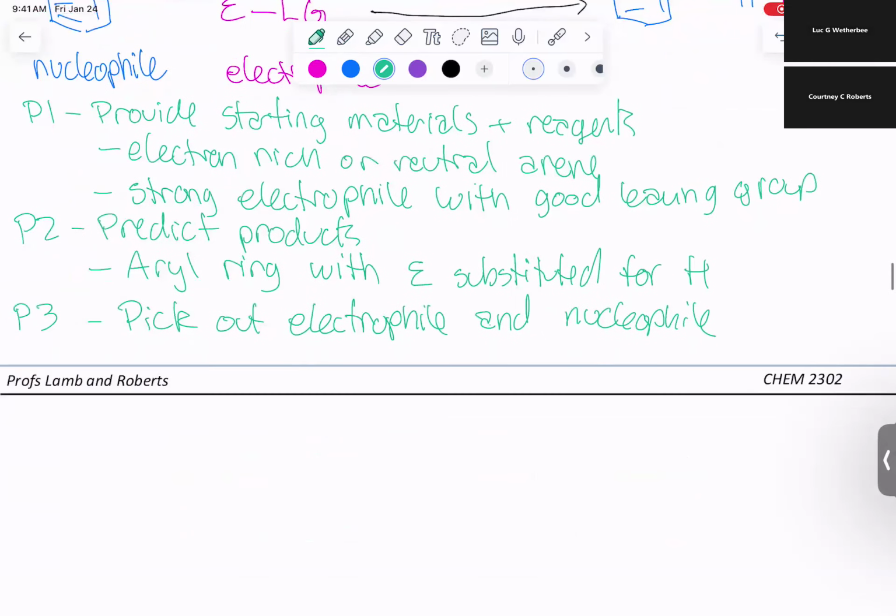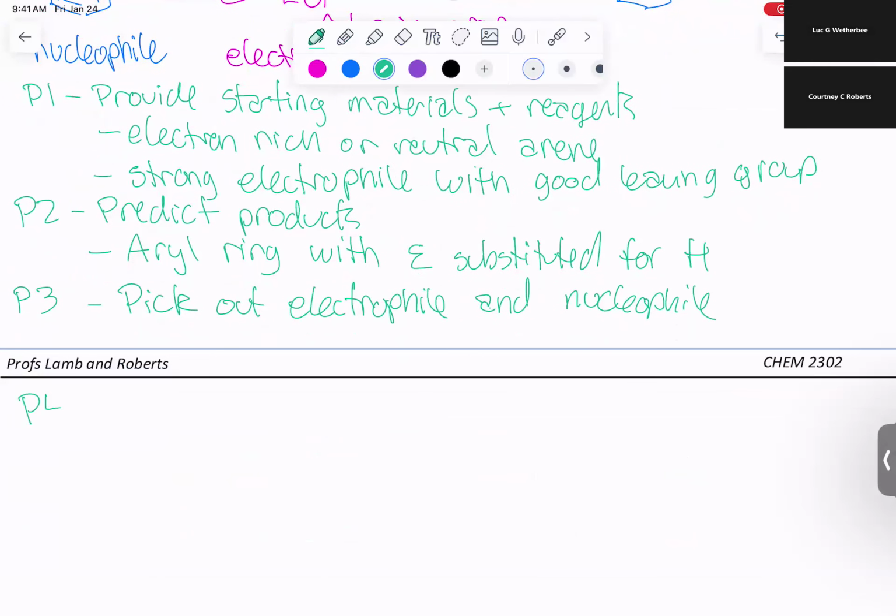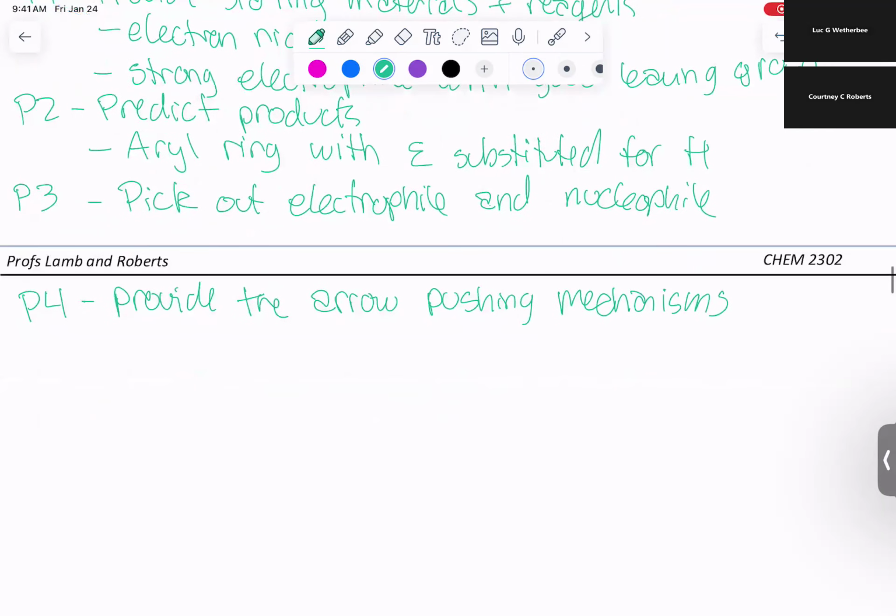All right, so P4, arrow pushing mechanism. As I said before, I'm not going to write out all of these categories from now on, but on the first day of class, I want everyone to be caught up to speed. We're going to have our benzene ring here. I'm suggestively drawing in that CH.